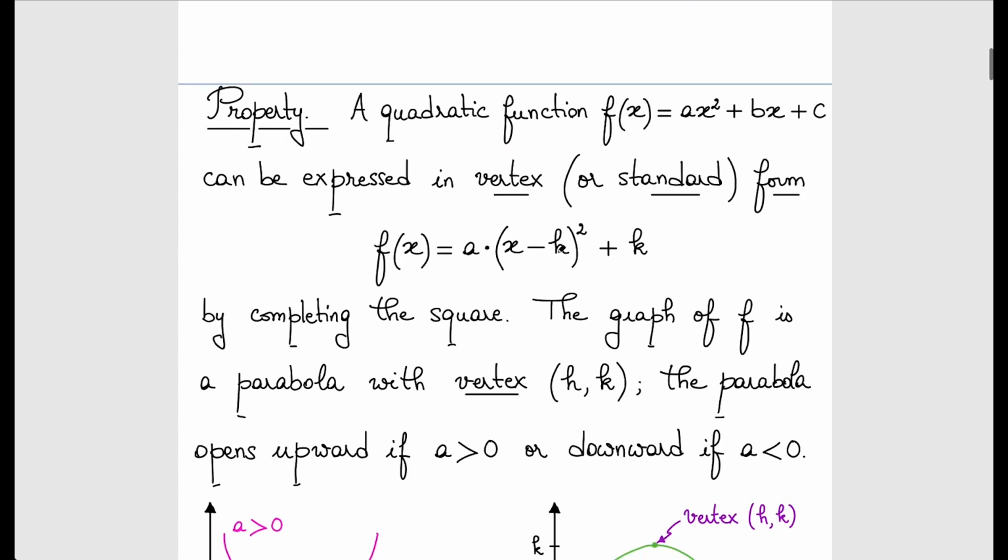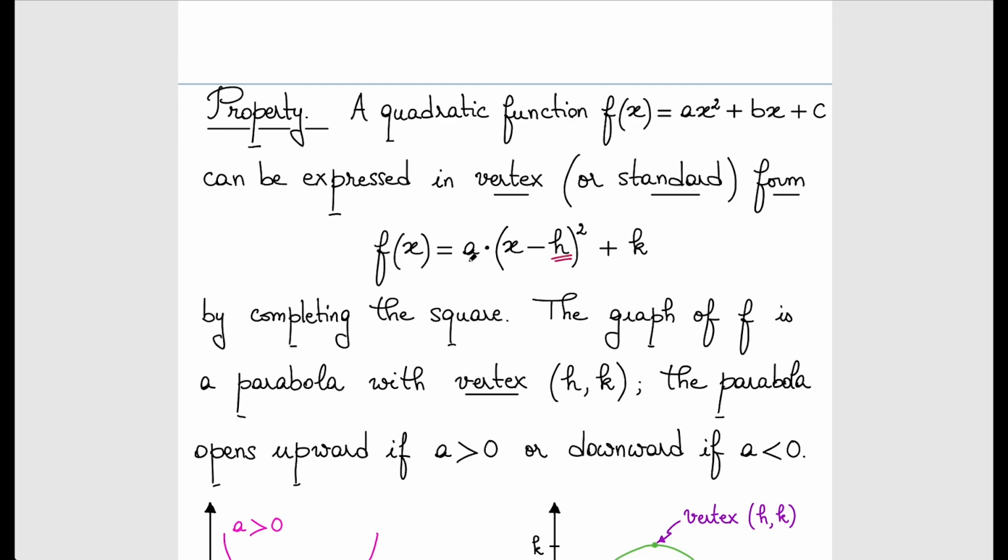Look, this h here is going to be x minus h squared. So what are you doing here? You're doing the transformation horizontal shift by the amount h to the right, if h is positive, and to the left if h is negative.